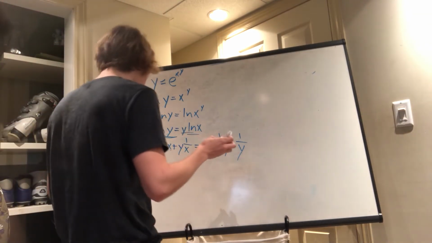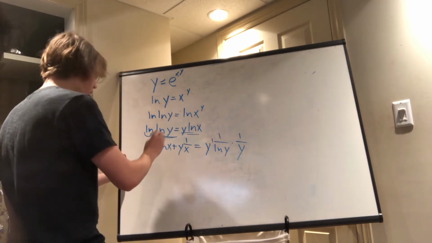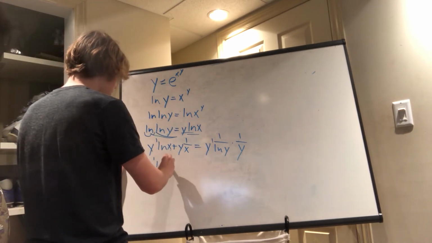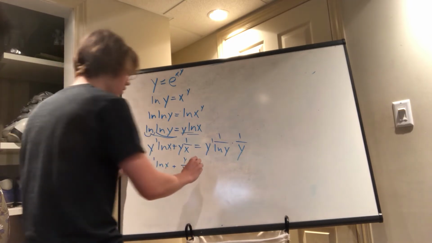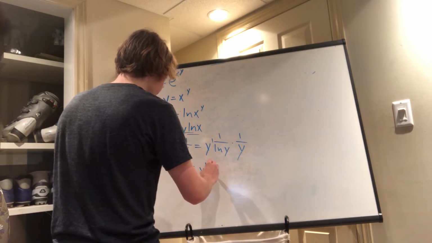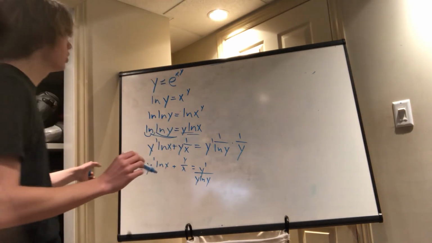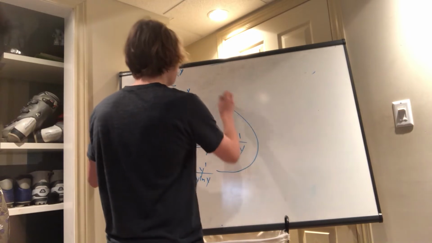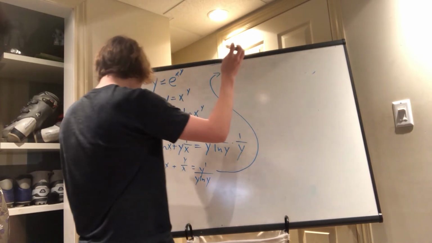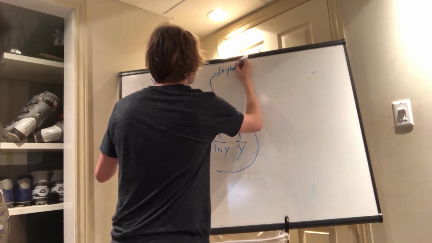Let's clean this up a bit. Y prime ln x plus y over x equals y prime over y ln y. It's a little messy, so when we take it up here, let's multiply everything by y ln y.